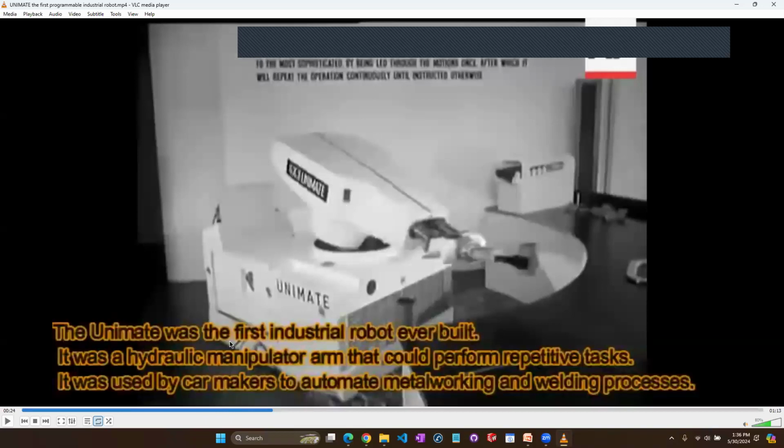The actuators that they had, which were capable of actuating a robot arm like this, were hydraulic manipulators, and therefore they used hydraulics.